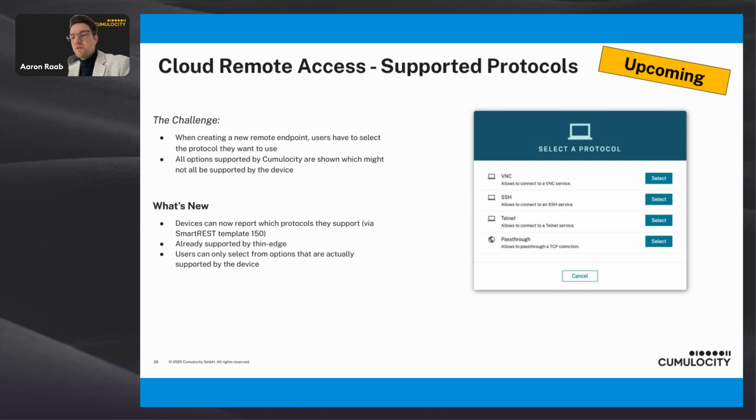That's why we introduced a new smart REST template that allows the device to report those protocols that it actually supports, so that the user can only select protocols that are actually supported by the device. Per default, if nothing is sent by the device, you will see all options. But if the device reports which it actually supports, then only the supported ones are visible, which is also provided as part of the ThinEdge context.